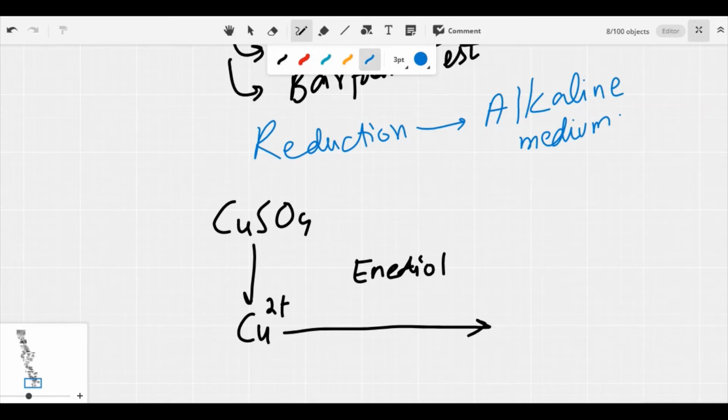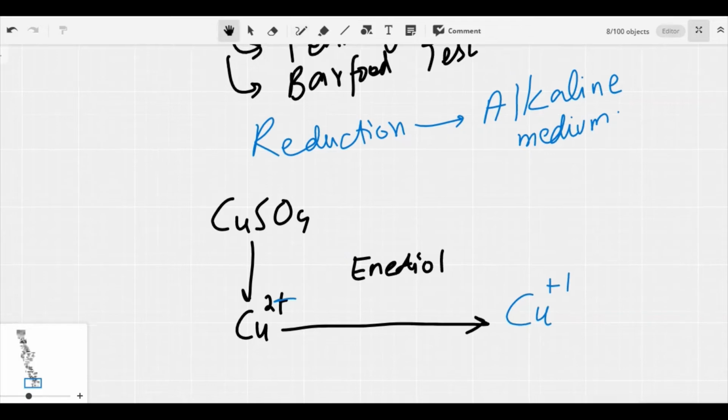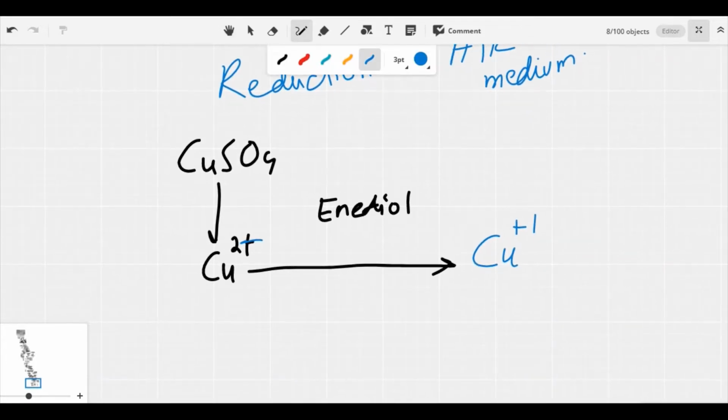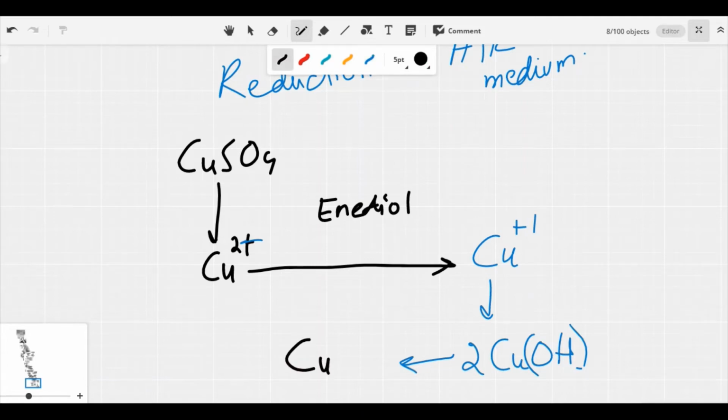that will convert copper plus 2 to copper plus 1, like reduces, okay, and that will make, along with the water molecule, copper hydroxide, and that copper hydroxide can be converted into copper oxide plus water molecules, okay.